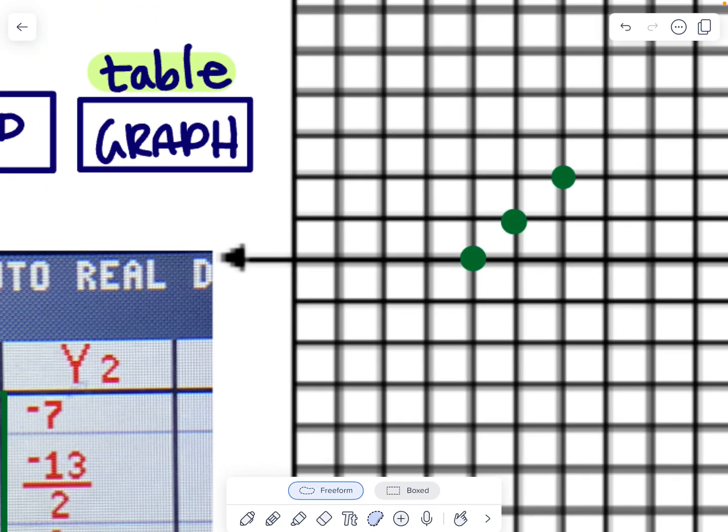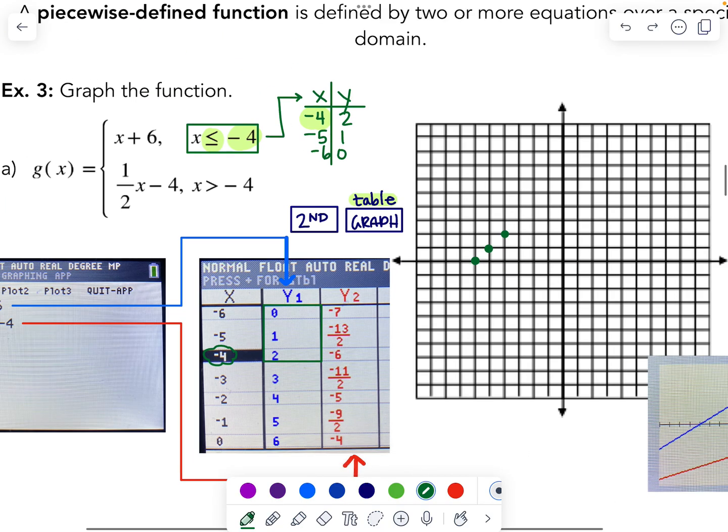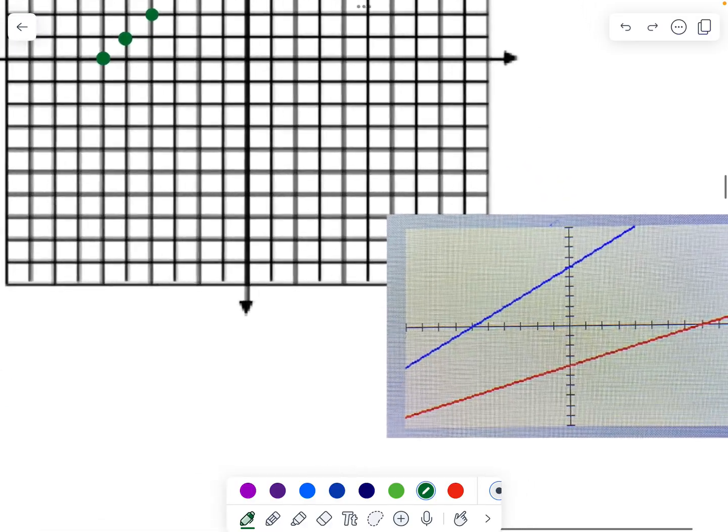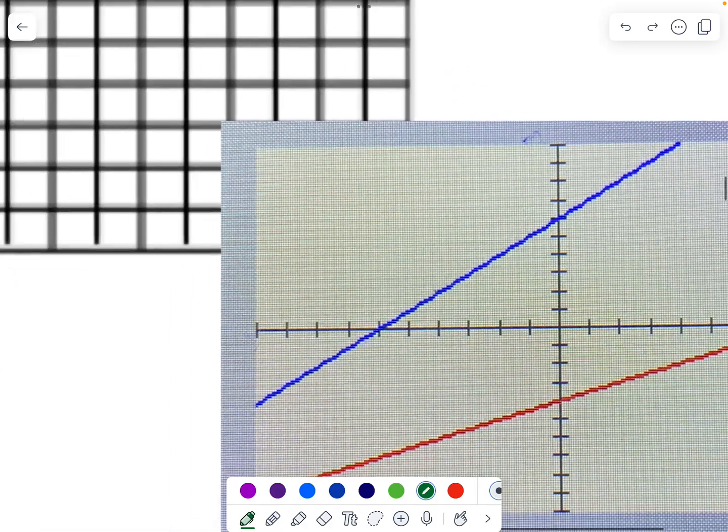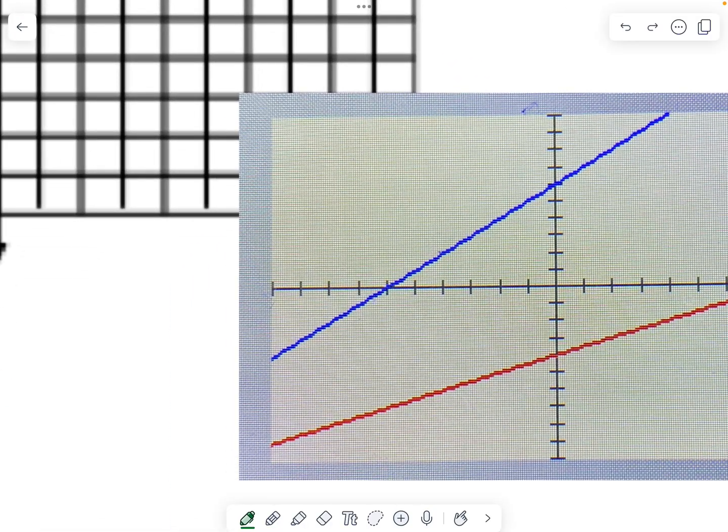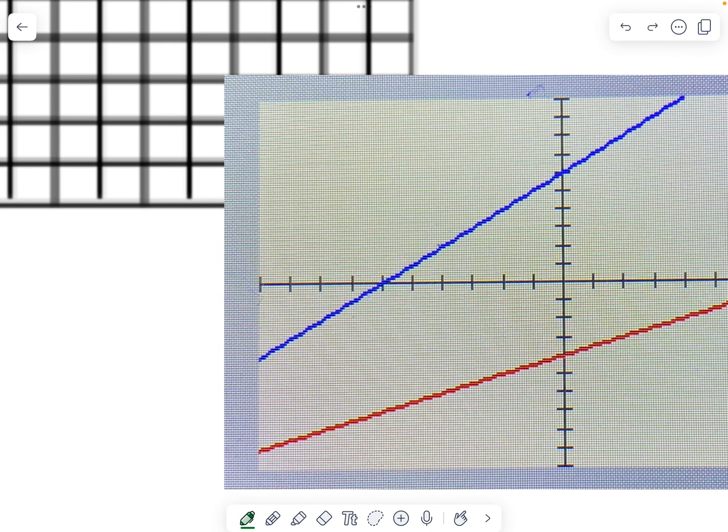Now you'll notice we're slowly progressing. So we started at -4 and we're supposed to be going less than. So our domain here should be everything at negative 4 and to the left as far as x is concerned. So when I draw this graph, even though this is the graph, you can see down here in blue, this is the entire graph. The only part that we're actually keeping is from this point, that direction.